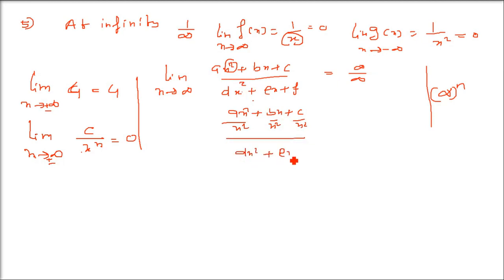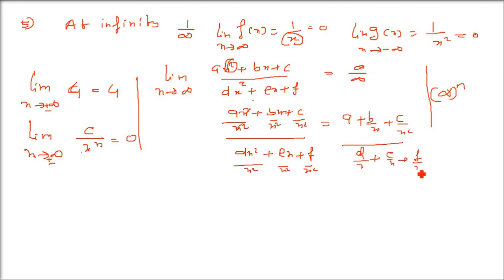So dx square plus ex plus f, again divided by x square. If it would have been x cube, we would have used x cube. So here you get a, here you get b by x, here you get c by x square. Similarly, you have d here, and then e by x plus f by x square.